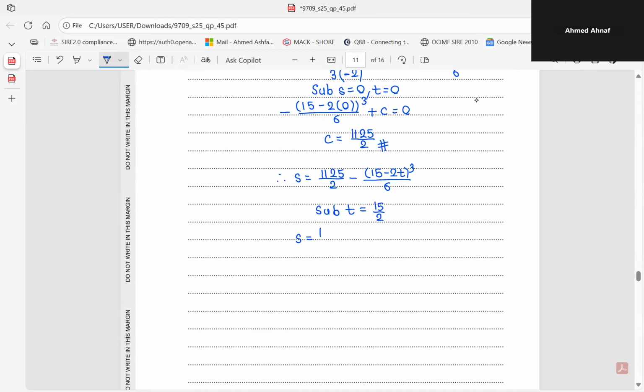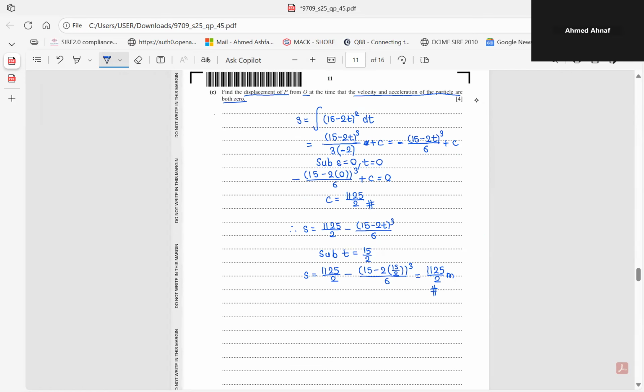So this would just be 1125 over 2 minus (15 minus 2 times 15 over 2) cubed over 6. This would just give you 1125 over 2 meters. So this is our final answer for this final part. This is the displacement of P from O.